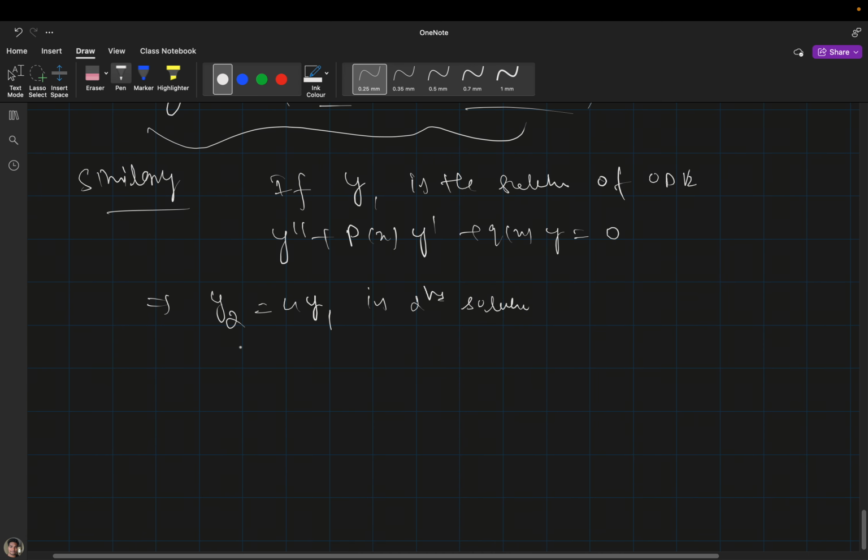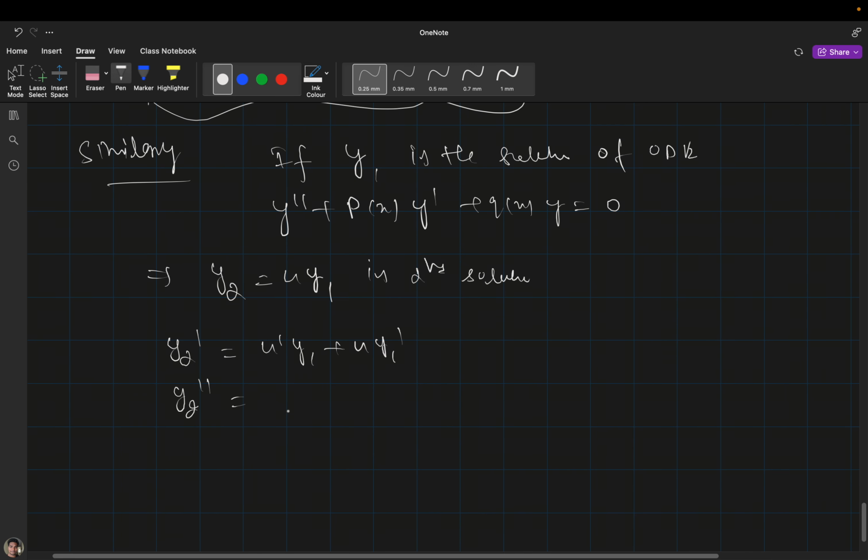Then y2 single dash will be u dash y1 plus u y1 dash. Similarly, y2 double dash will be u double dash y1 plus 2 u dash y1 dash plus u y1 double dash.